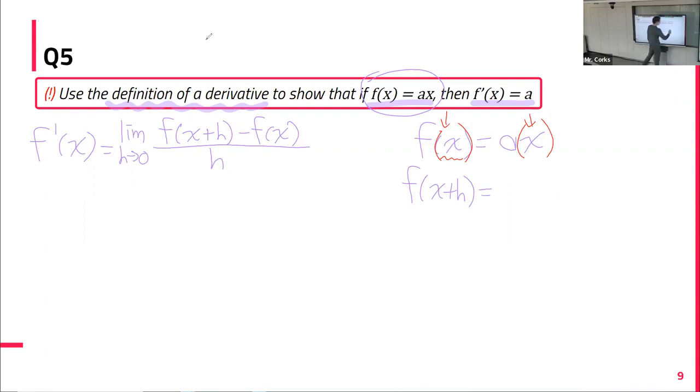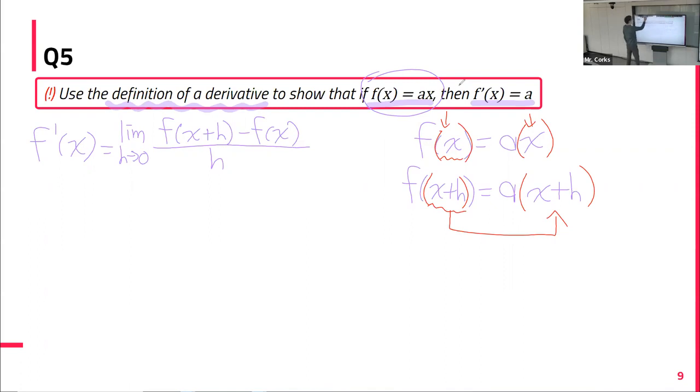So this thing is just a times x plus h. That's what was inside the brackets. Whatever is inside the f of whatever replaces what was written there for x before. That's how we write this, nothing to do with derivatives.